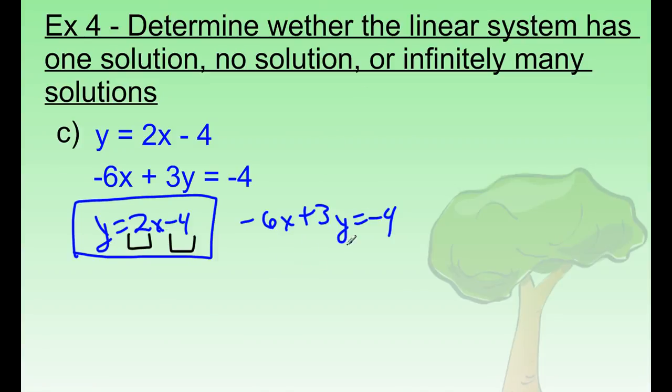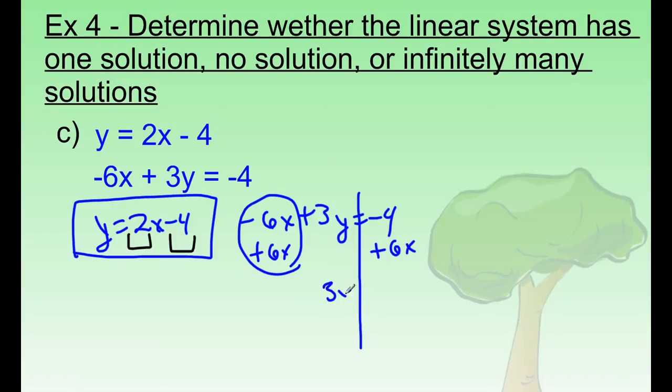Second equation, we're going to solve for y. So I'm going to add 6x to get rid of the -6x. 3y equals 6x minus 4. Divide both sides by 3, and y equals, that gives me a 2x.